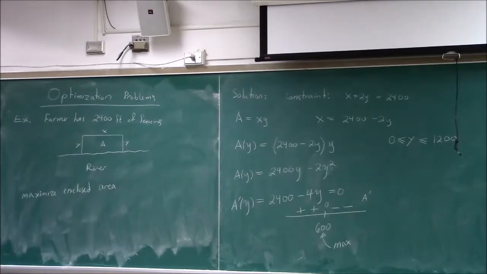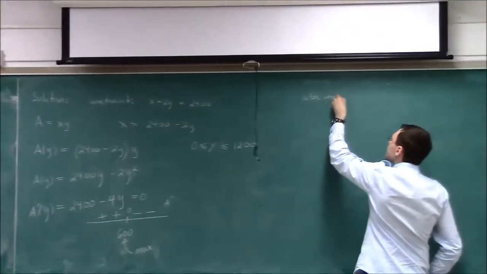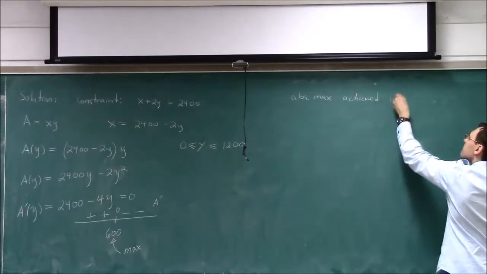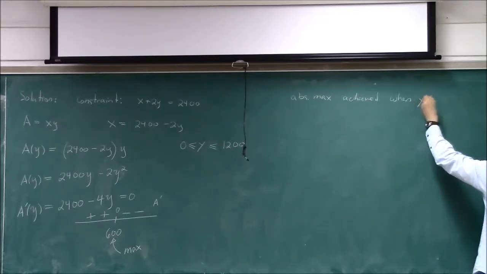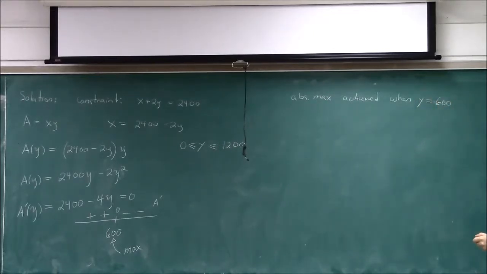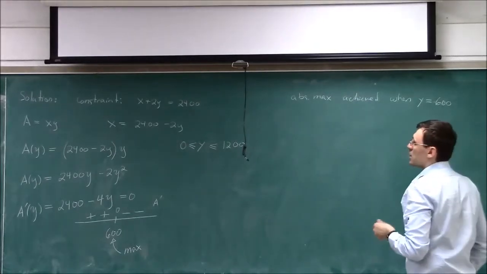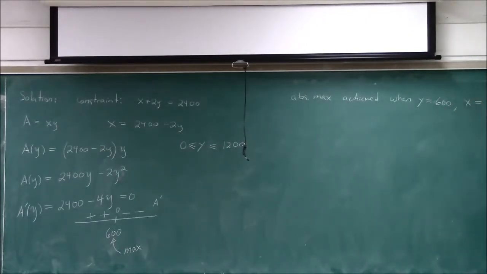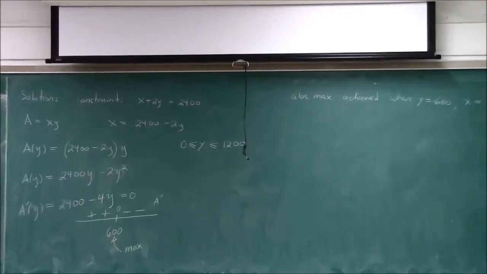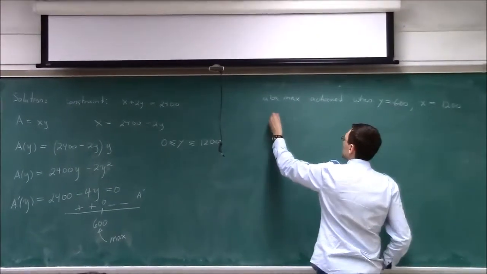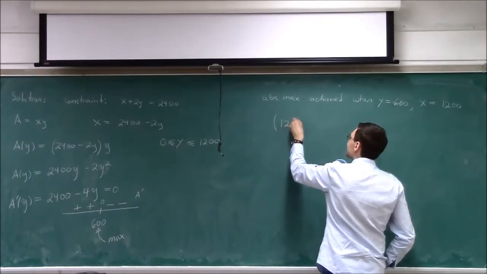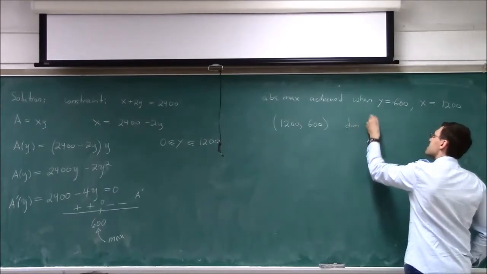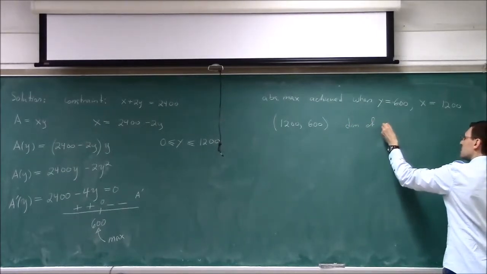So the corresponding value of x is 12. Okay, so we have the pair 1200, 600, dimension of enclosure.